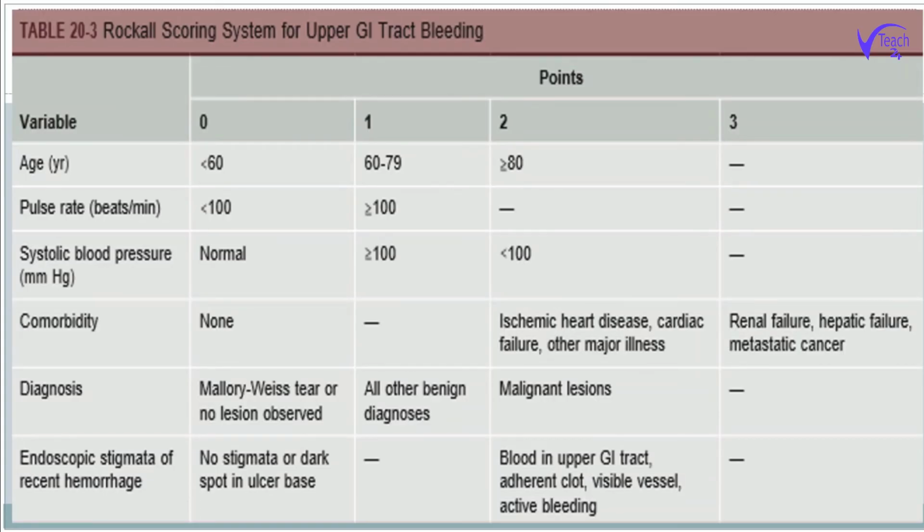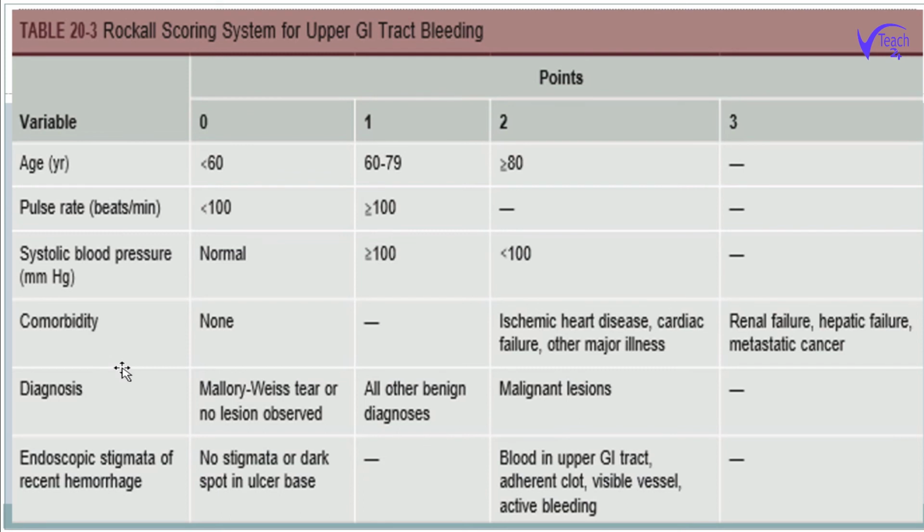And another scoring system is the Rockall system for upper GI bleeding. Age, pulse, systolic blood pressure, comorbidity, diagnosis, and endoscopic intervention are the variables. You see, every severity assessment scoring system has its own benefits.